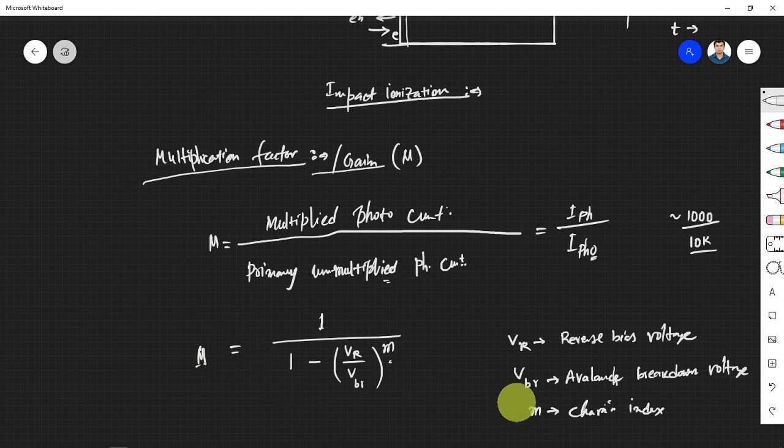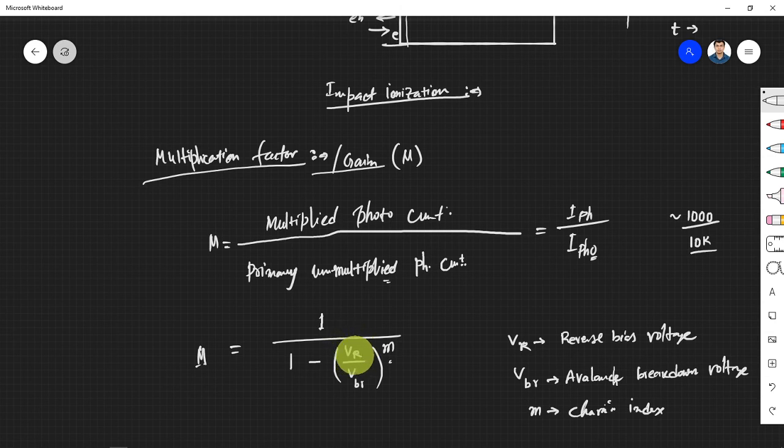Now to find this m we need to do an experiment. We know the avalanche breakdown voltage for this device, and then we do multiple experiments with different reverse bias voltages.